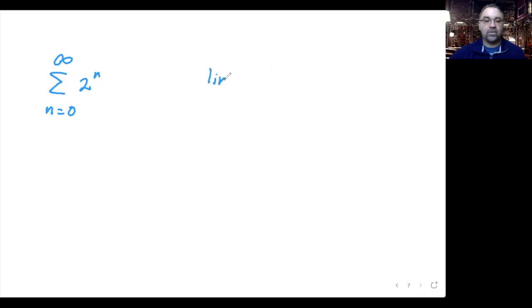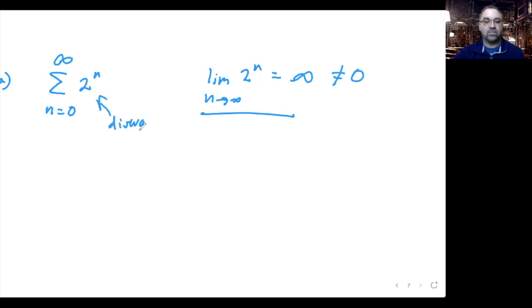What happens as n goes to infinity of 2 to the n? That goes to infinity. So for series A here, we know this is not 0, so the series diverges.